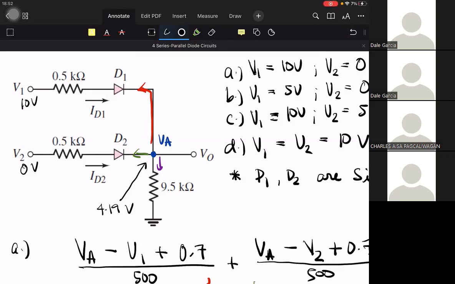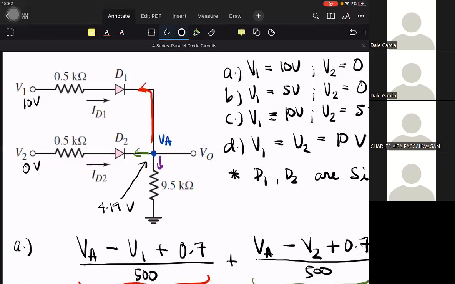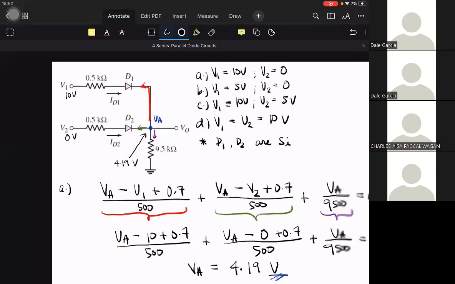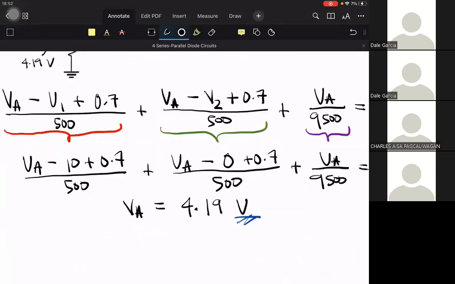But si 4.19 is mas dako pa kang 0 volts. Dili ma-overpower, of course, ni 0 volts si 4.19 kay 0 man siya. So current should be flowing in this direction because mas dako si 4.19 kang 0 volts. Okay? Magbutang na lang ko ug statement dire.